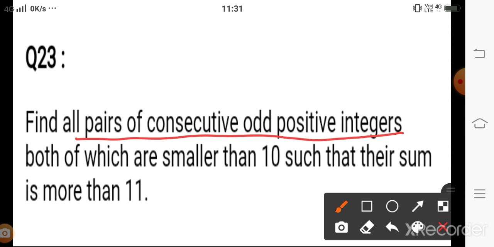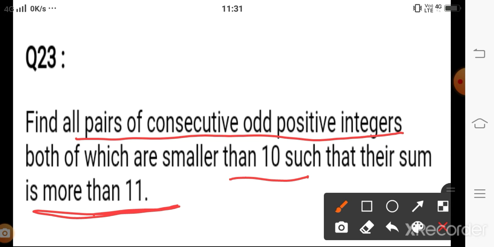The difference we are getting as 2. If you consider one number as x, then the other we have to take as x plus 2. And the question is, find all pairs of consecutive odd positive integers, both of which are smaller than 10 and such that their sum is more than 11. Two conditions are given here.